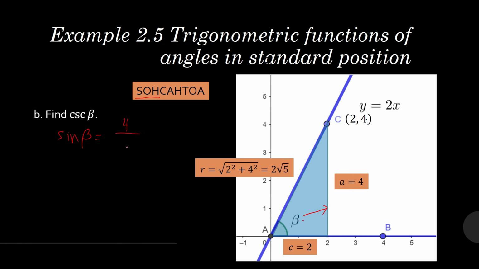And our hypotenuse is equal to 2 times square root of 5. So this is equal to 2 over square root of 5. So the reciprocal of that will give us our cosecant of beta, which is equal to square root of 5 over 2.